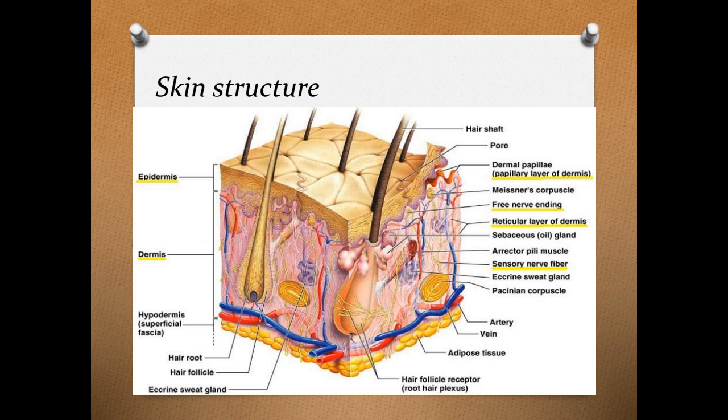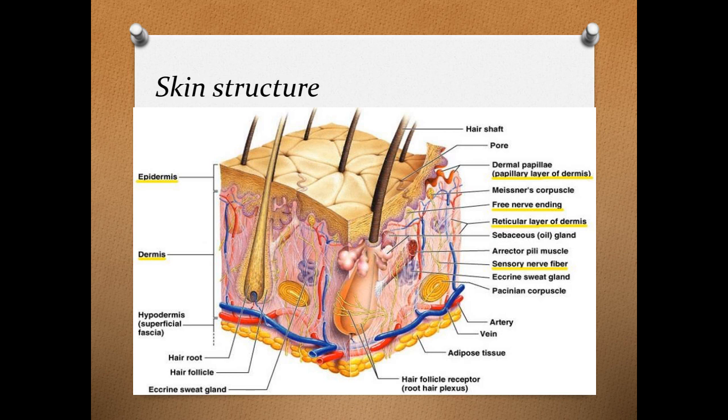The papillary dermis is the outer layer of the dermis, which looks like papilla. Papilla means finger-like structures.